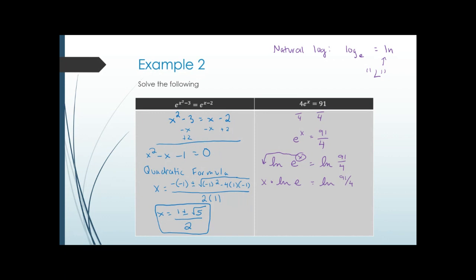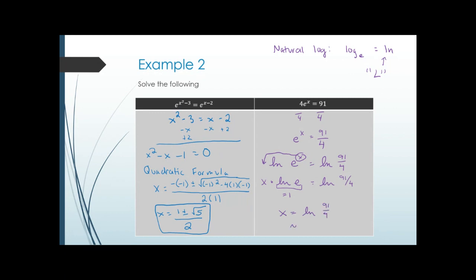Now what's special about the natural log of e is that it is equal to 1. That's why I did the natural log, because then that just disappears. The log of e is not equal to 1. So if you see e, use the natural log, and that will save you some work. So we get x equals the natural log of 91 over 4.